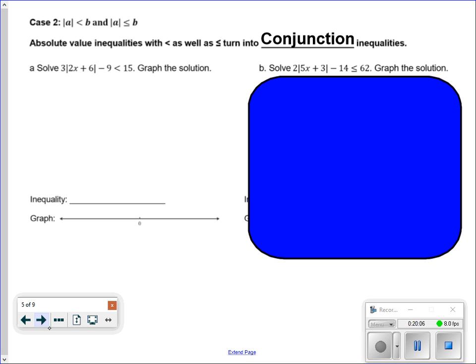We're going to keep going on to case 2. And this is going to be the other side of the absolute value inequality. When we have less than or less than or equal to, this turns into a conjunction inequality, which is basically the opposite of a disjunction. It's the opposite of that, where they're going to be connected. Instead of having or, we're going to have an and. So conjunction is going to be what we call a compound inequality, or really just the word and.